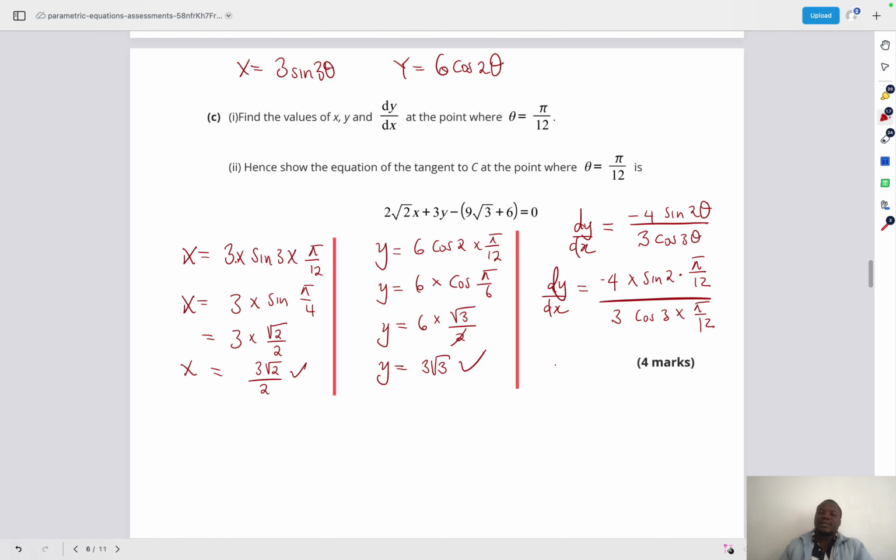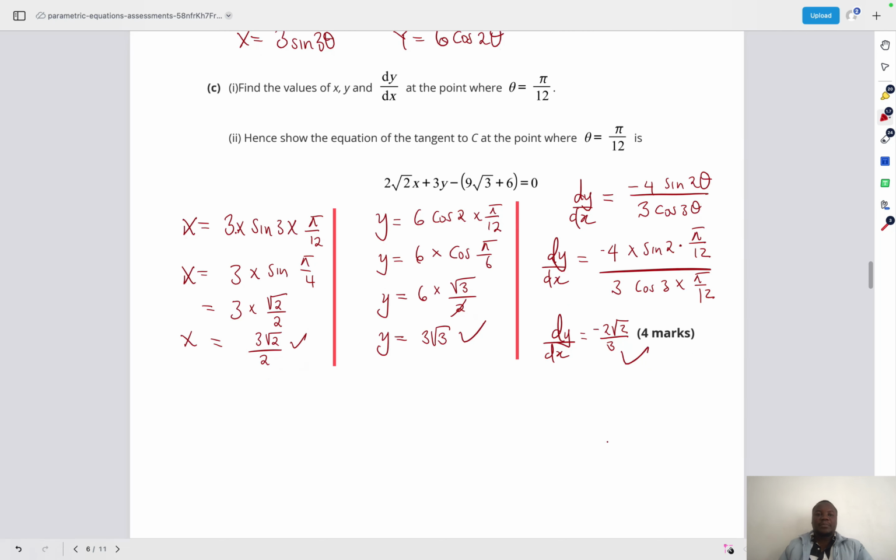Now, this is just a clear use of a calculator here, which we are very much allowed to do. If you punch everything on your calculator, it gives you negative 2 root 2 over 3. So this is the answer for dy dx. So for the first part here, all we are doing is replacing the value of theta into our x and y parametric equations and the dy dx.